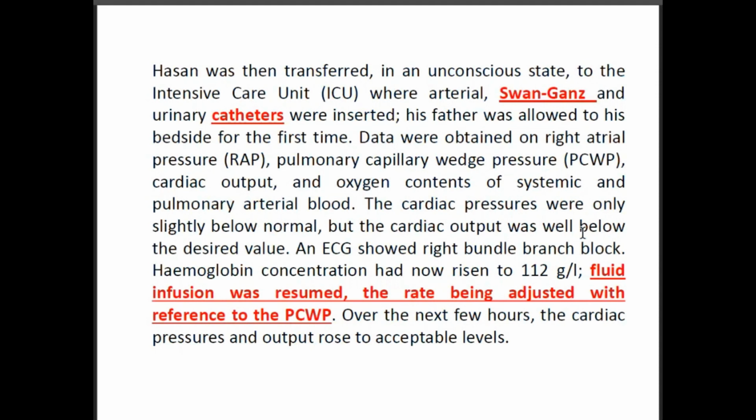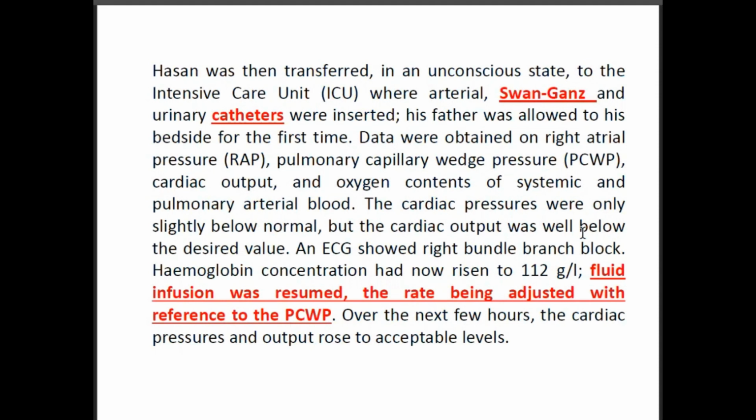The ECG is showing that there is a right bundle branch block, which goes with a shock, and the hemoglobin concentration now is a little bit higher, in the range of 11 milligram, or 112 gram per liter.